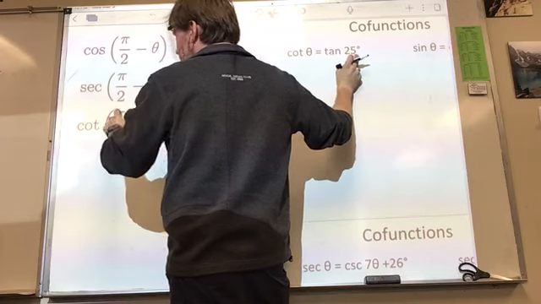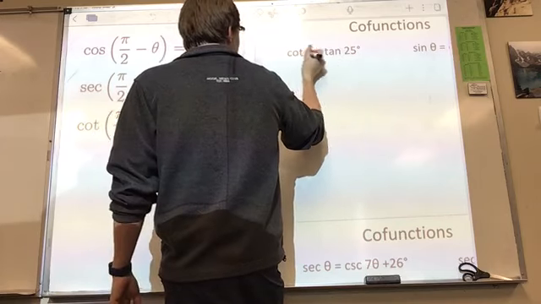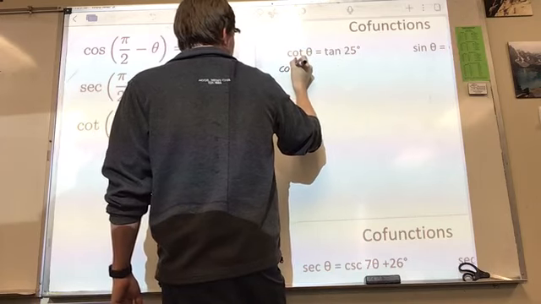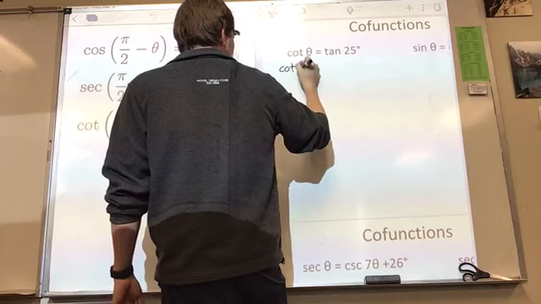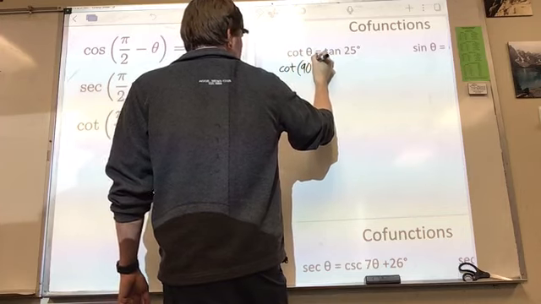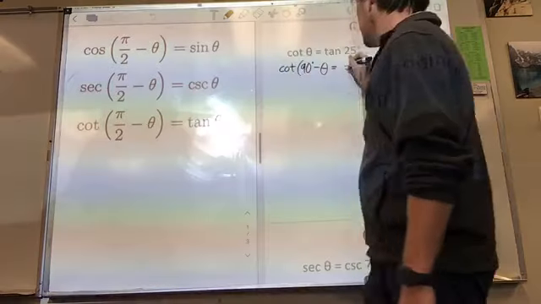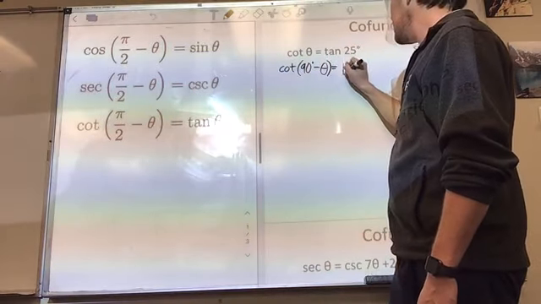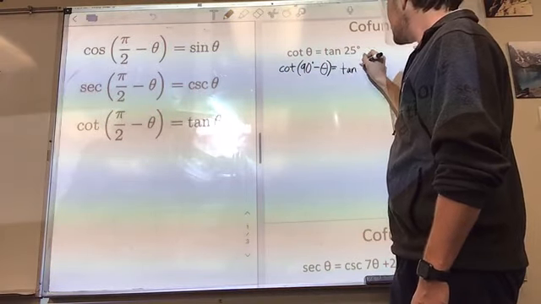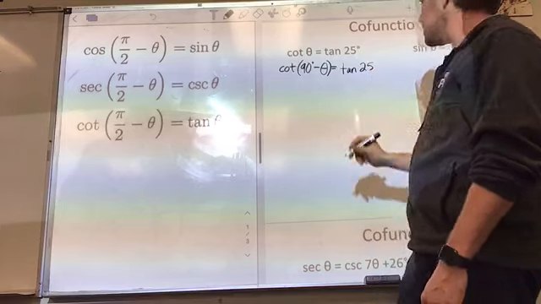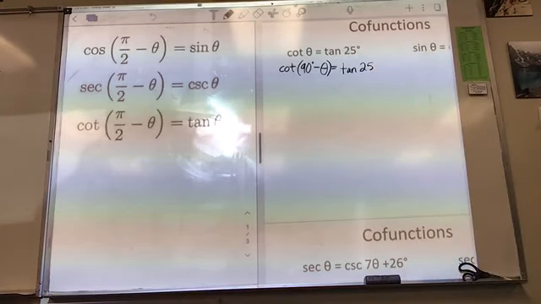So instead of pi over 2, we can write 90. So we can write cotangent of 90 degrees minus theta, and make sure to distinguish between theta and 0, equals tangent of 25.